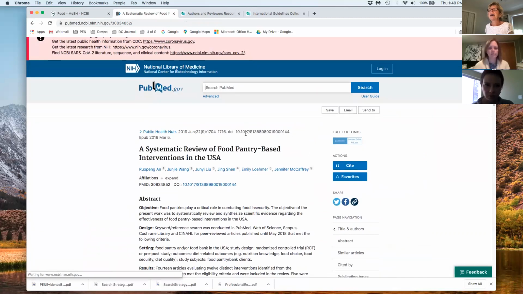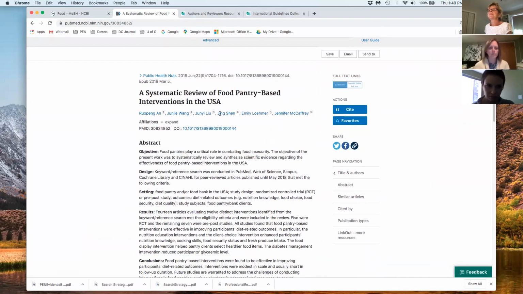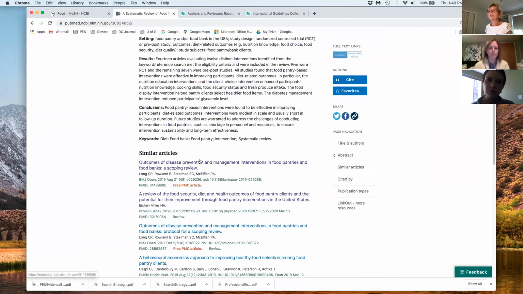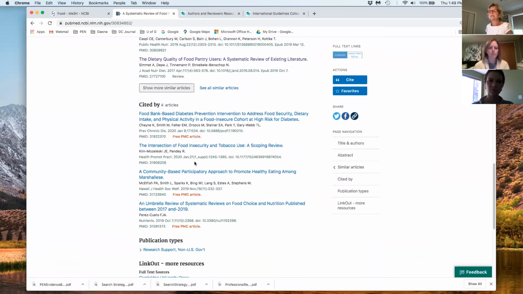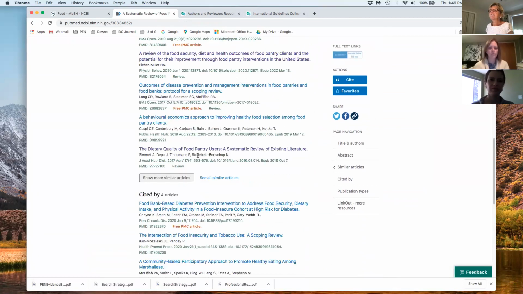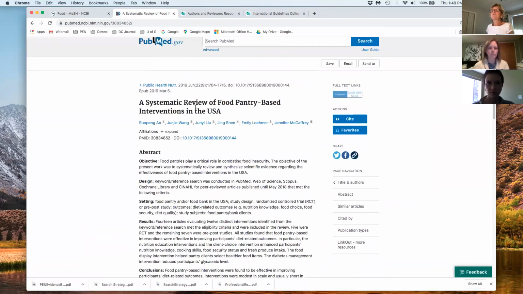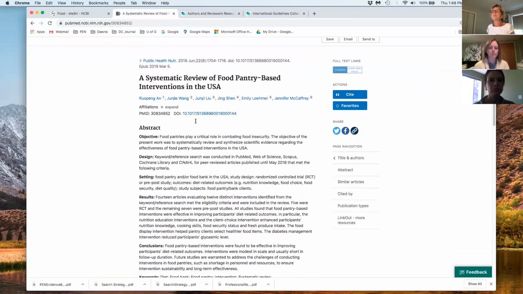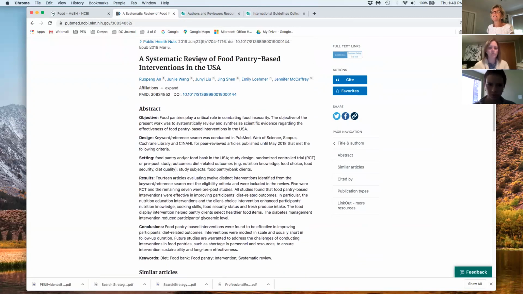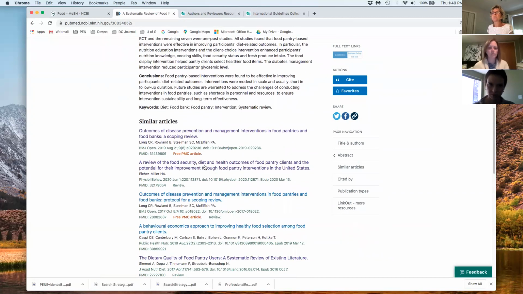So if we have a look at that, let's see if there are other similar articles, and let's see what this one has. It doesn't have MeSH terms listed, likely because it's too new to be indexed. That might be a reason, but we could certainly see a potential for this one.